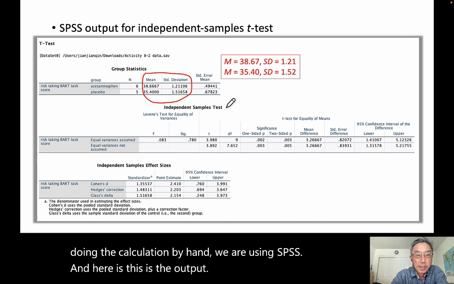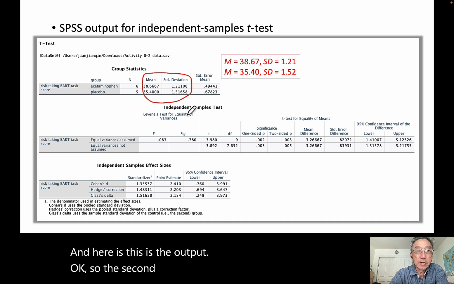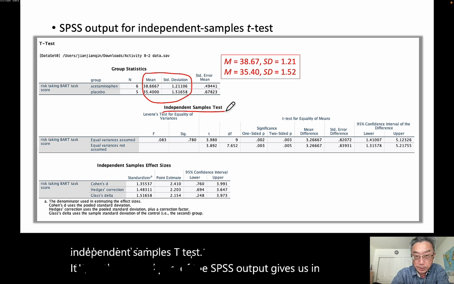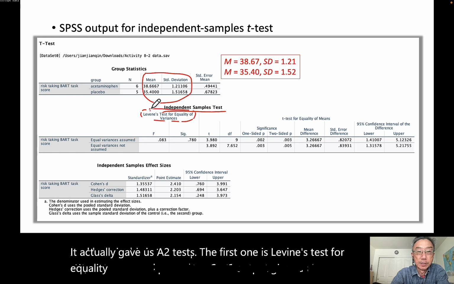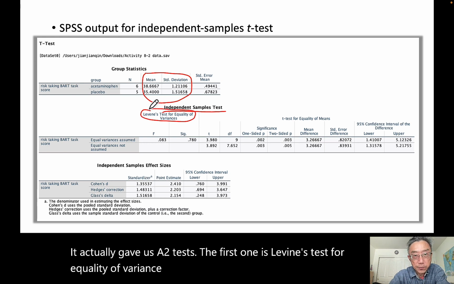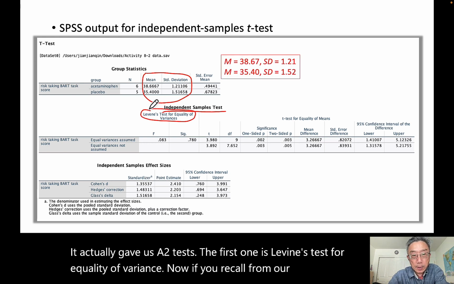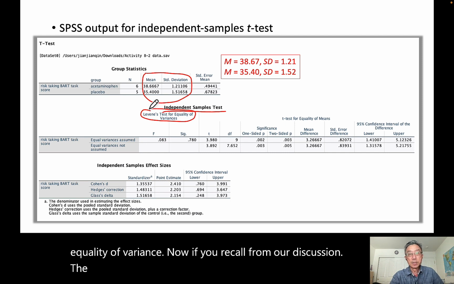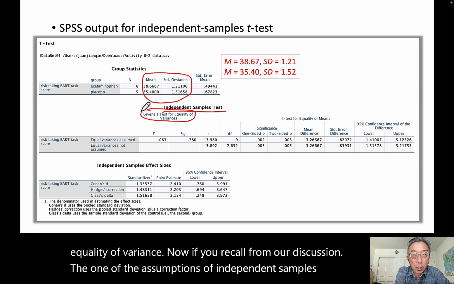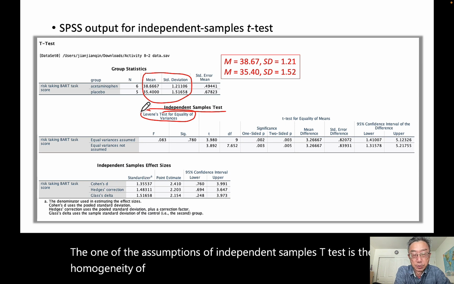Okay, so the second part of the SPSS output gives us the independent samples t-test. It actually gives us two tests. The first one is Levene's test for equality of variance. Now, if you recall from our discussion, one of the assumptions of independent samples t-test is the homogeneity of variance assumption, the equal variance assumption.